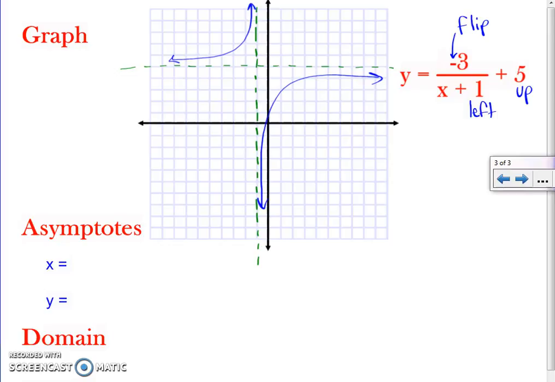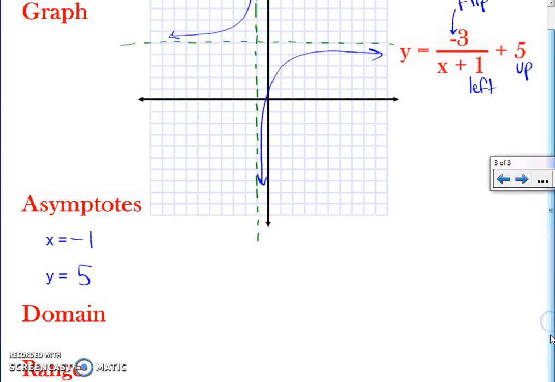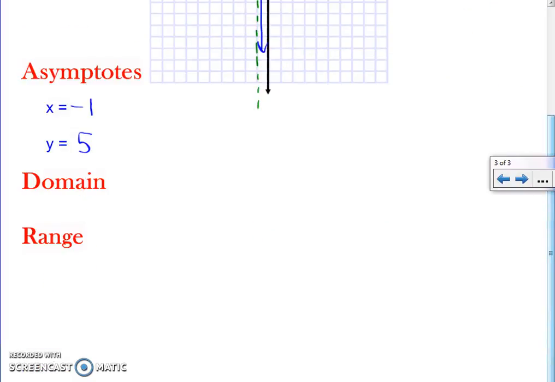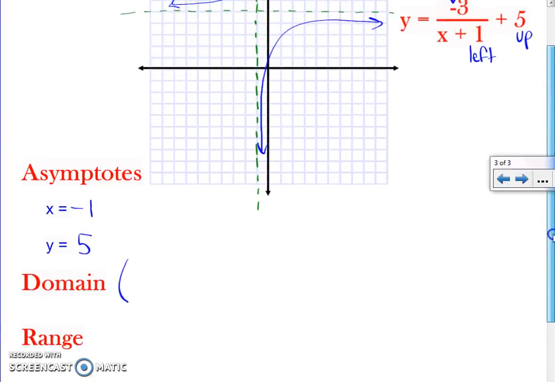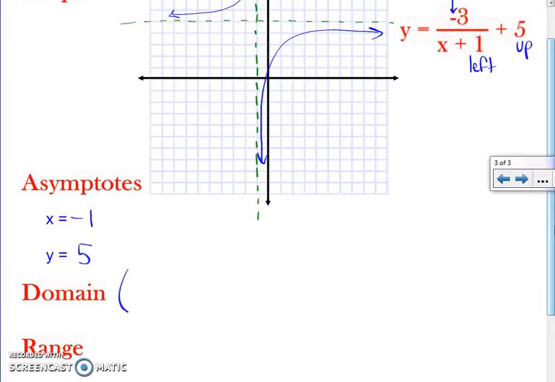So what are the asymptote equations? X equals what? And y equals 5. Okay, domain and range. Domain is what? Negative infinity.